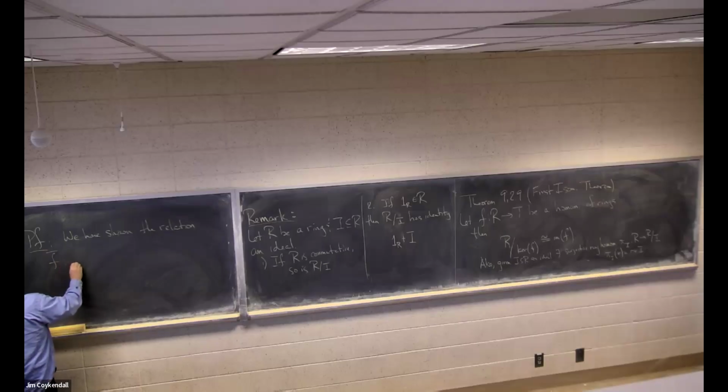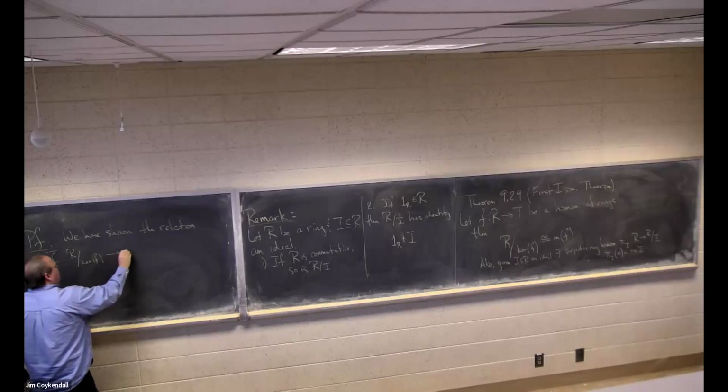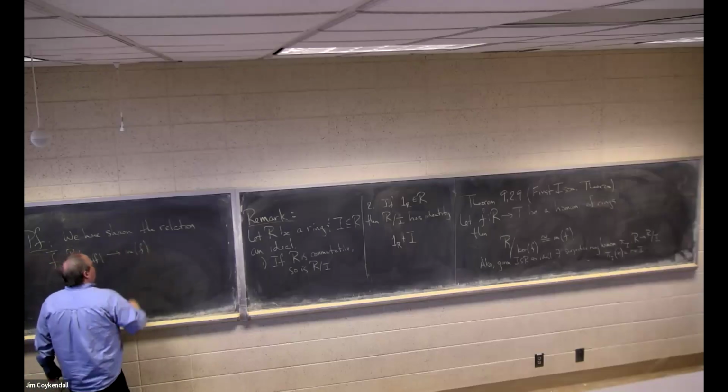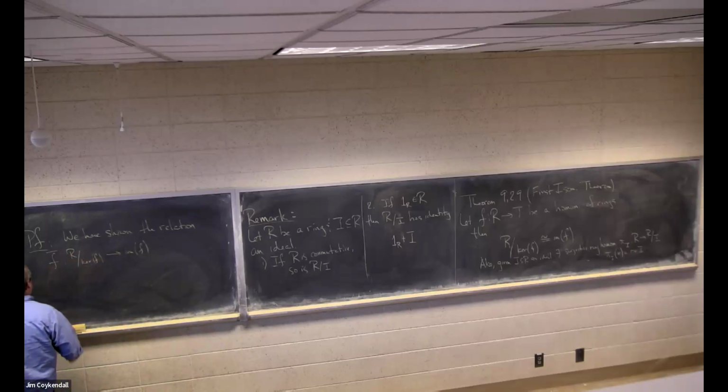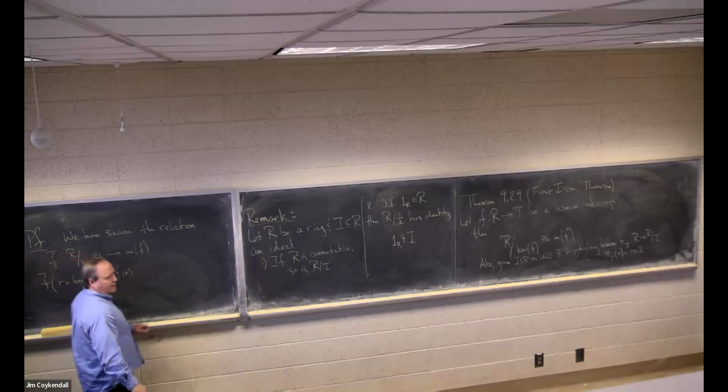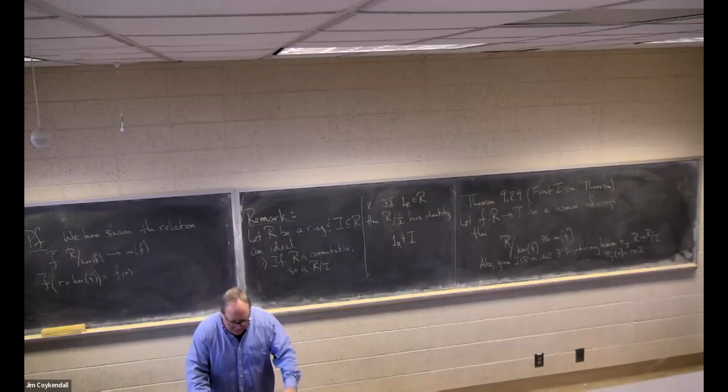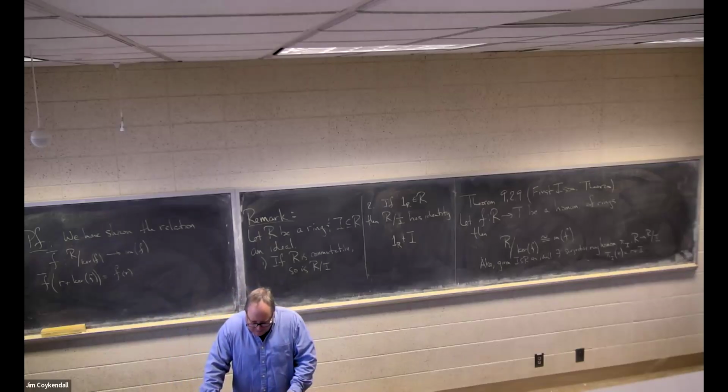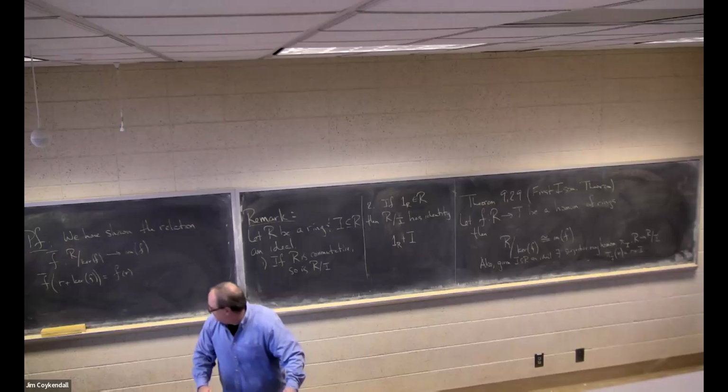F bar from R mod the kernel of F to the image of F, given by F bar of r plus kernel of F equals F of r, is in fact a well-defined function.